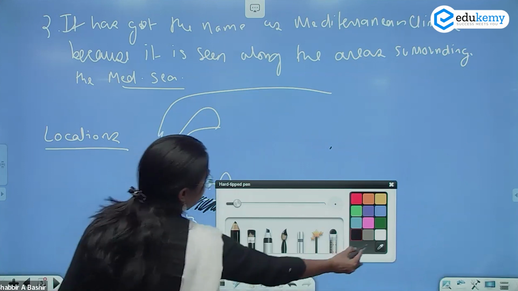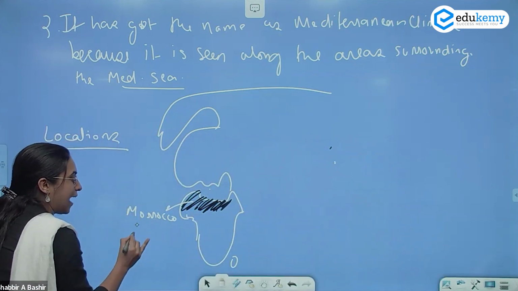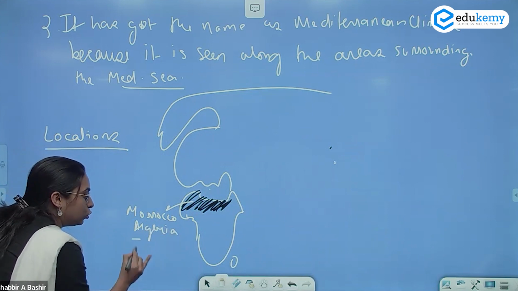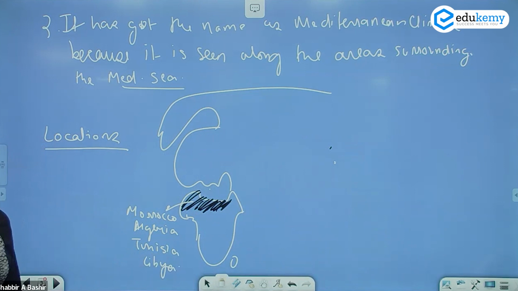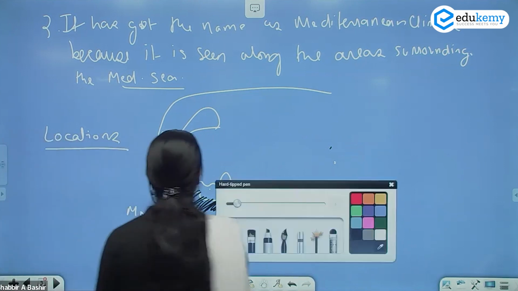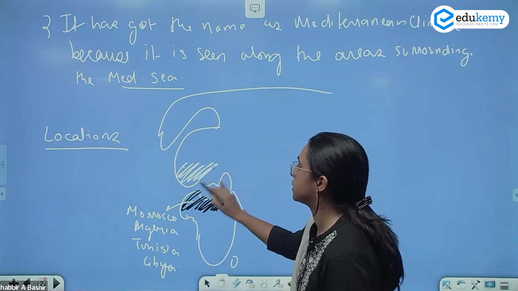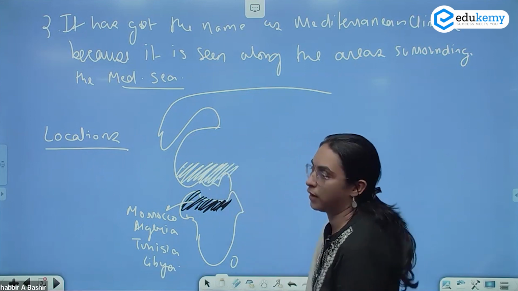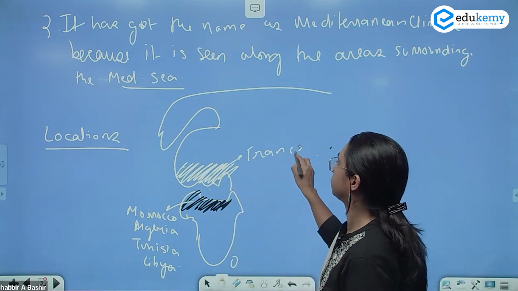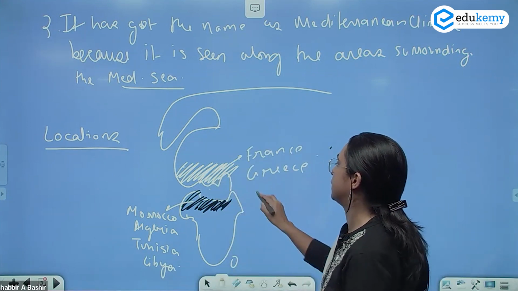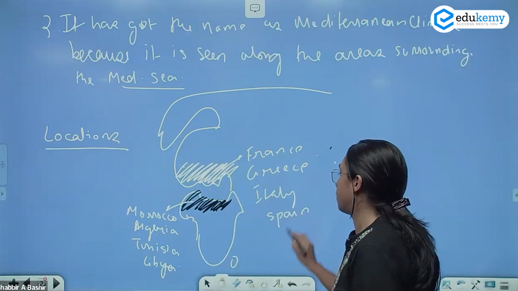The names of the countries are Morocco, Algeria, Tunisia, Libya. And in Europe, it is found along France, Italy, Greece, Spain, yes, Portugal too.